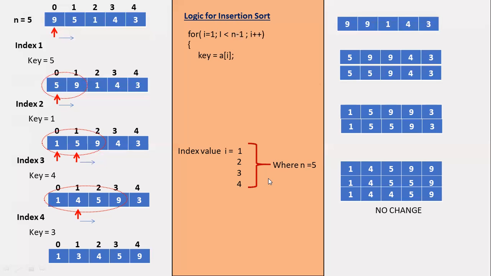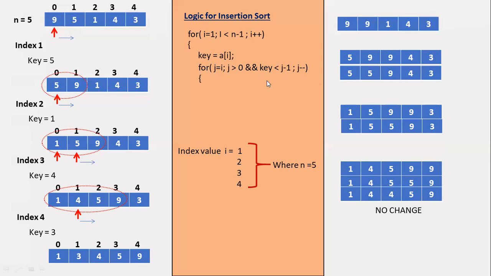So for j is equal to I and for j greater than 0, and the logic, we have to use here the logical AND. The key should be less than a of j minus 1. So if any one of the condition is false, automatically the iteration will be stopped.